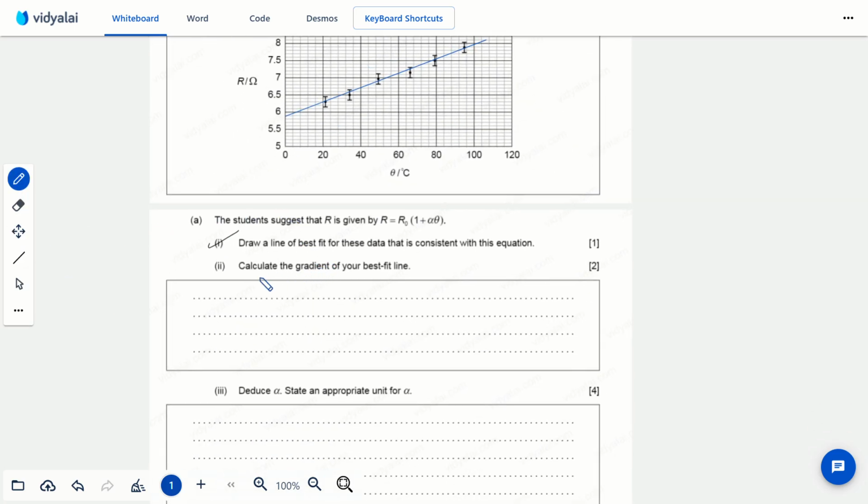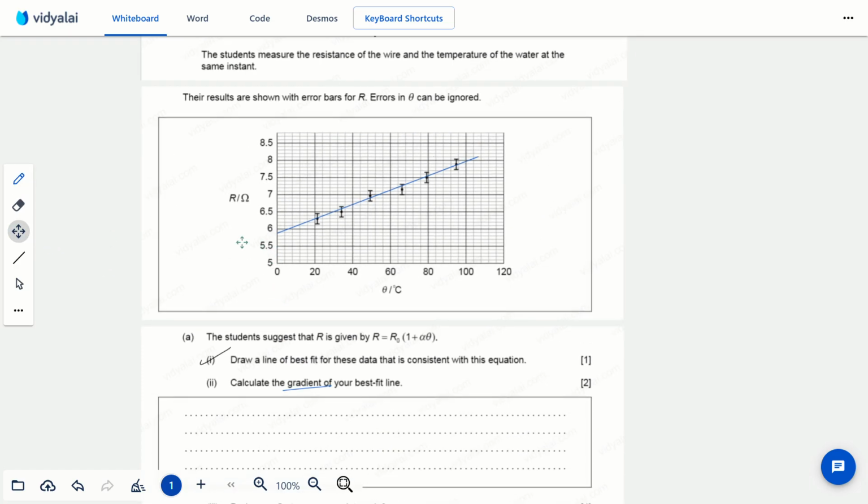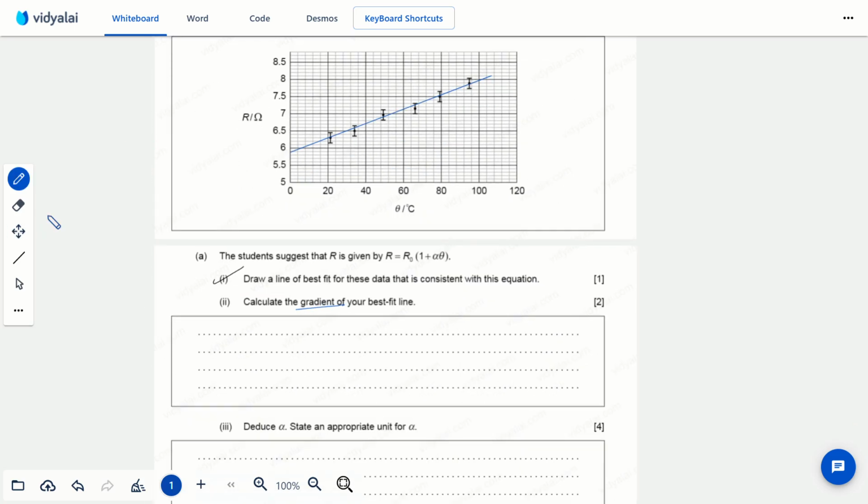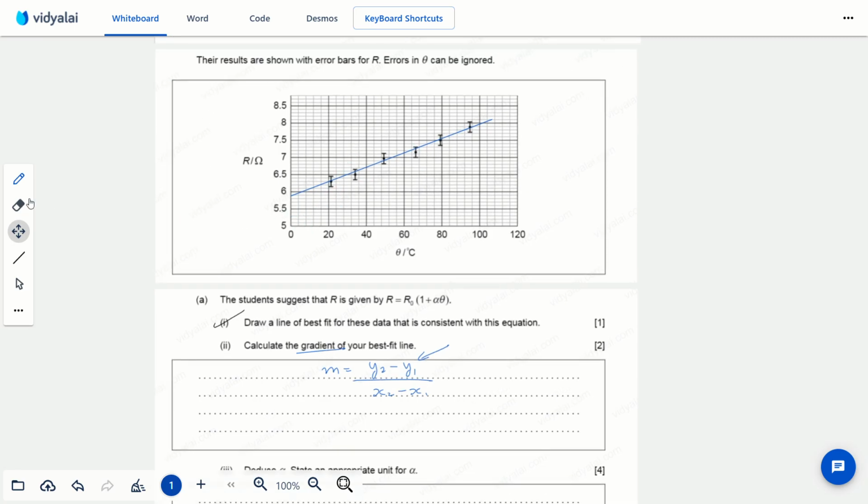Having done that, the second part requires us to do a gradient operation. So here we are required to find out the gradient of this best fit line. How are we going to do it? We have an expression that enables us to find out the gradient if we know the coordinates of 2 points on this best fit line.